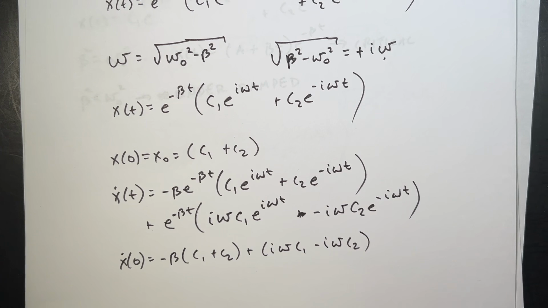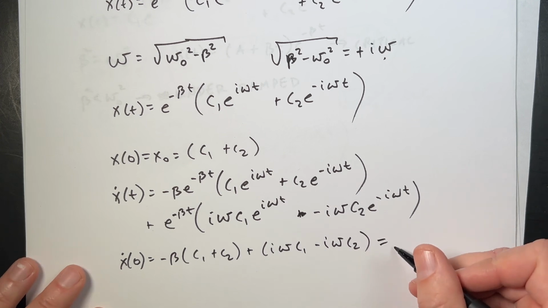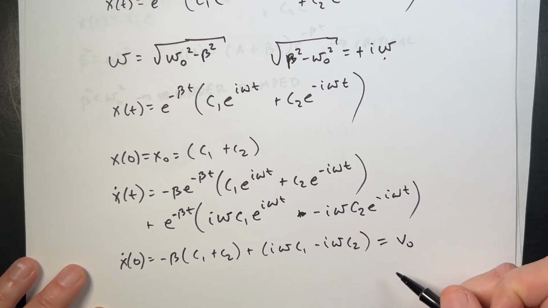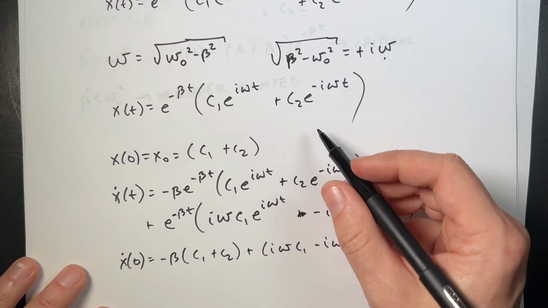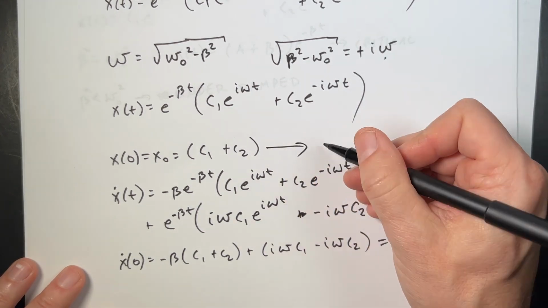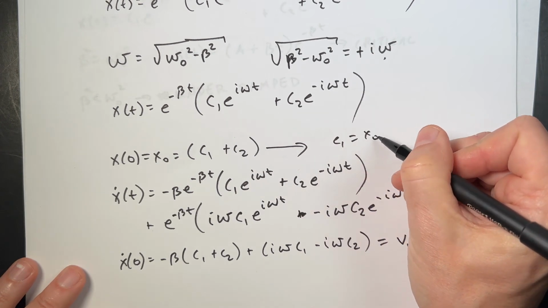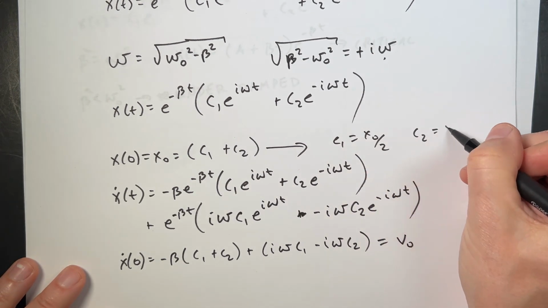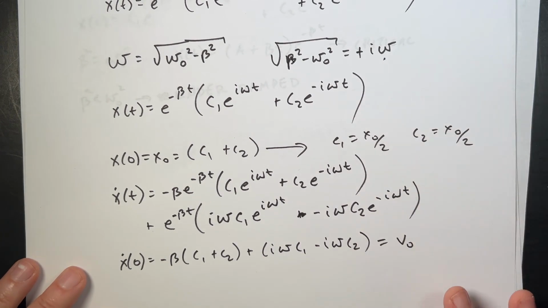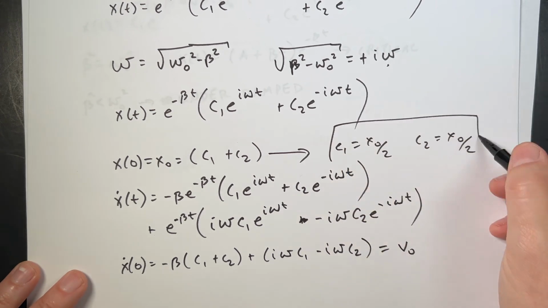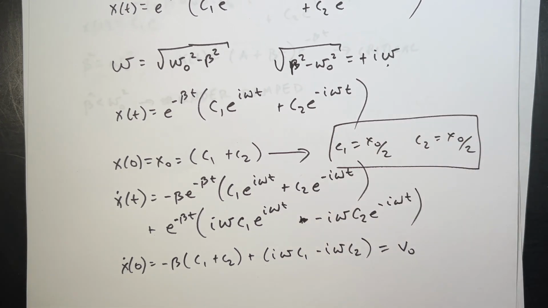You can see that it gets a little complicated here. If I set this equal to V0, that's fine. But if I set that equal to 0, it gets a little complicated. So let's just say C1 equals x0 over 2, C2 equals x0 over 2, and use that as our solution. I'll go into the initial conditions a little bit later, but that should work.